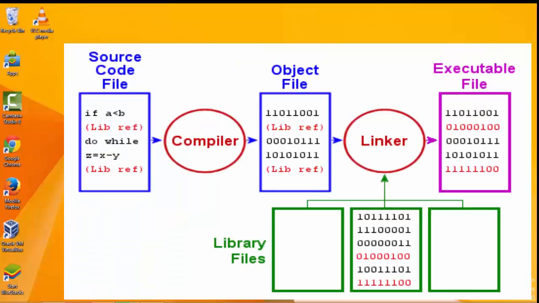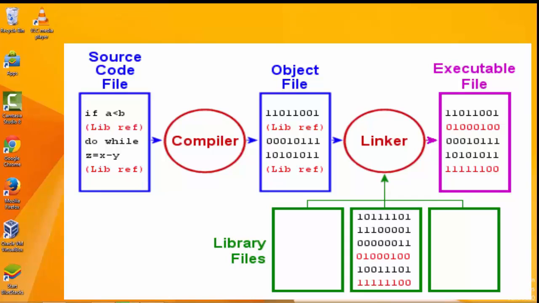The second is the compiler. A compiler is a small tool which converts your program to machine language, because your computer doesn't understand the C program which you write.